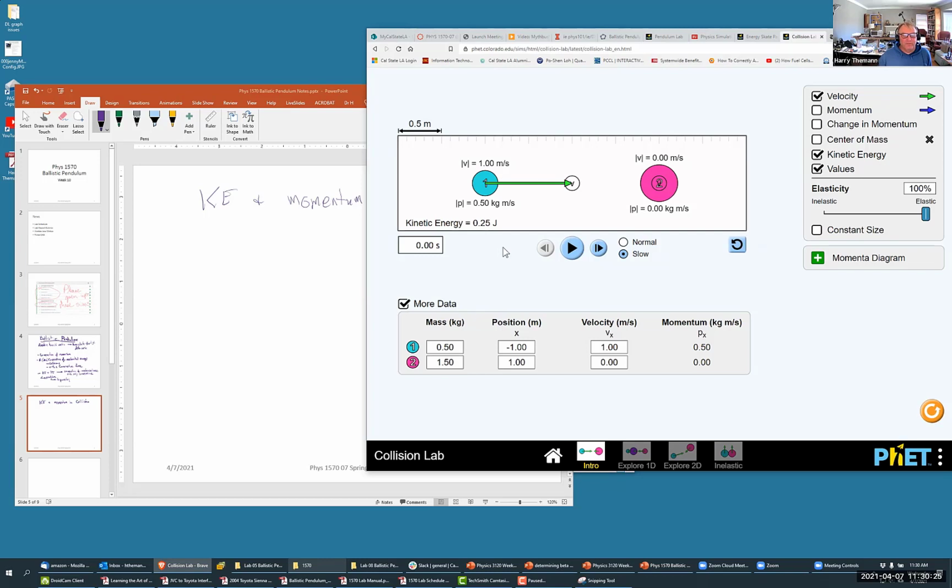I've set the mass of number 2 to 1.5 kilograms. And I've set the initial velocity. You can't see what the initial velocity is unless you see these check boxes. So click these check boxes, and then you can see all these numbers up there.